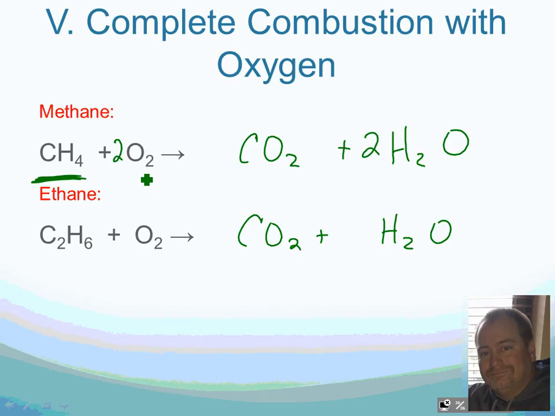I just had 2 and 6. What I'm going to do is I'm going to say, okay, I have 2 of these, because I got to do something different, right? So that switched me over to having 4 carbons. Put my 4 there. That switched me to having how many hydrogens? 12.